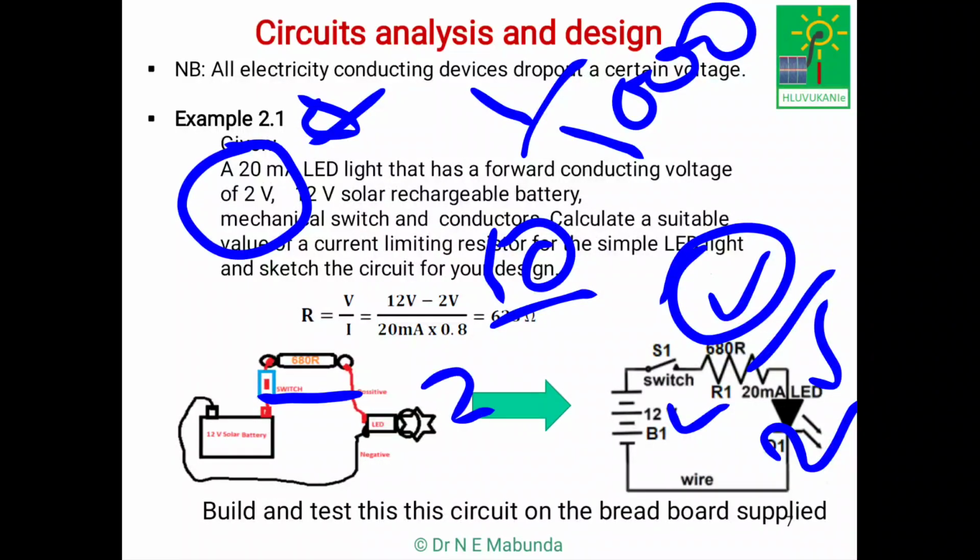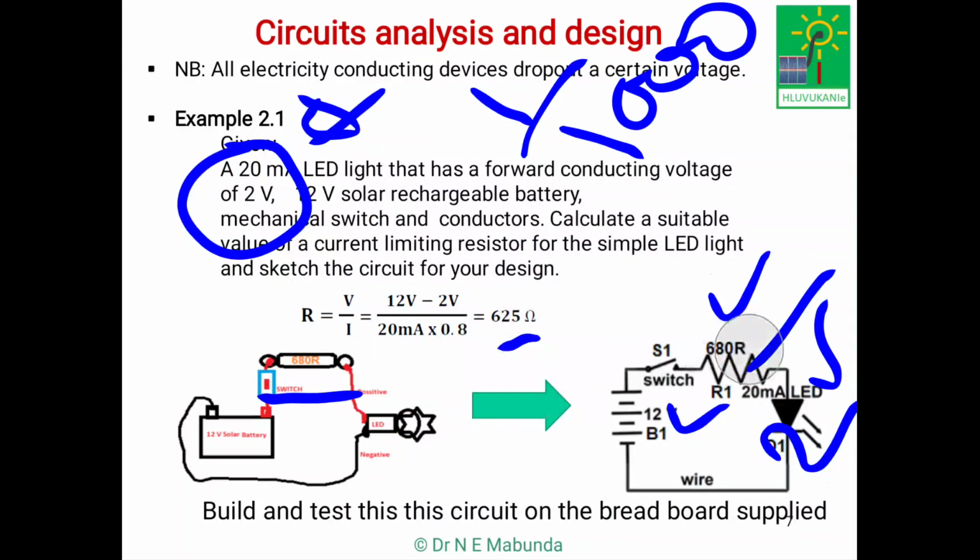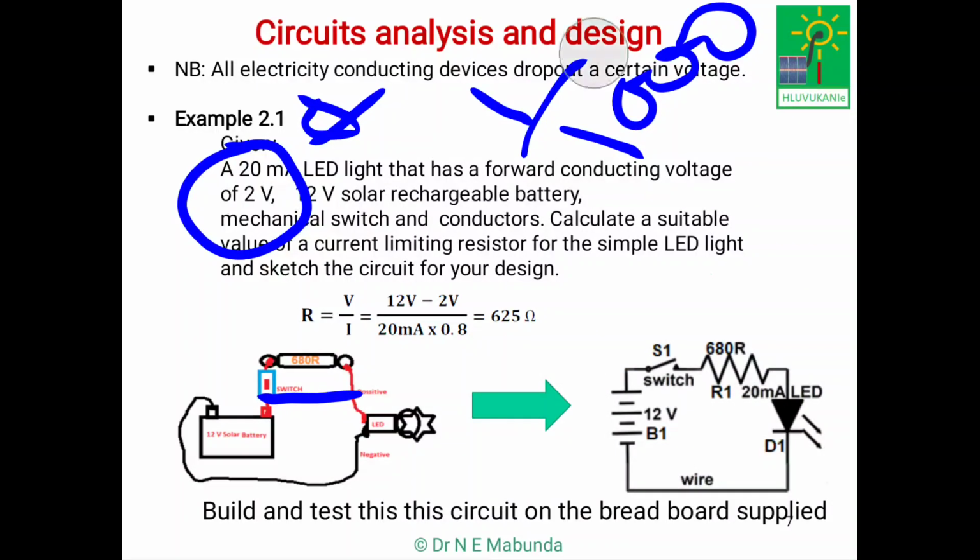It was supposed to be 20 milliamps, but we say 20 milliamps is what it takes, so we reduce it: we multiply by 0.8, we make it 80% of it. Then we divide by 16. Then our answer will be the one shown there, 625.